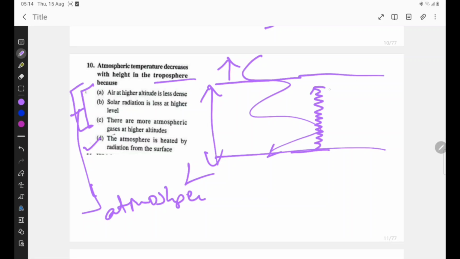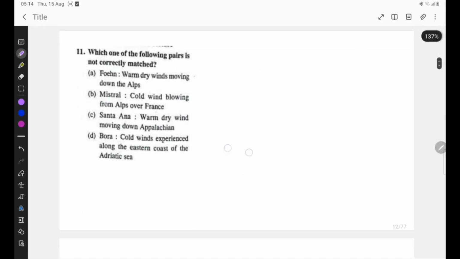This terrestrial radiation is responsible for the temperature change within the troposphere. So the answer here is option D. This adds heat, which causes rise in temperature, the terrestrial radiation. Okay. Now let's move on to the next question.